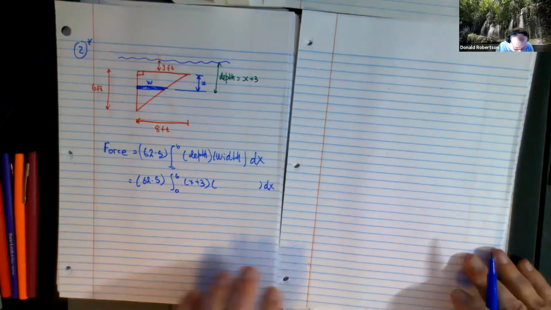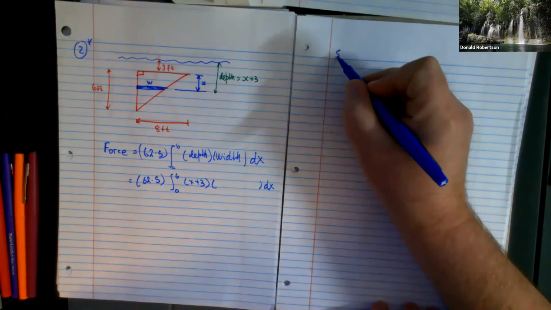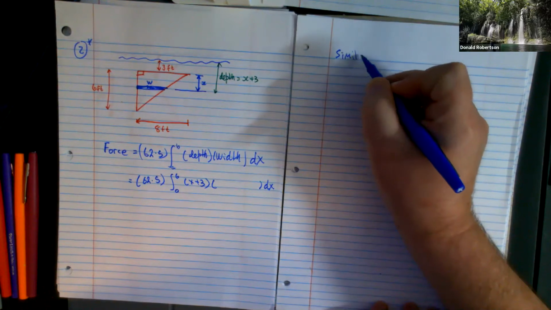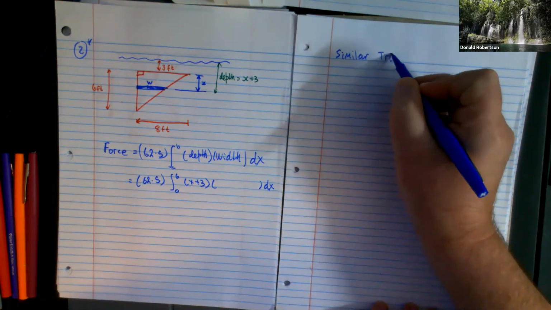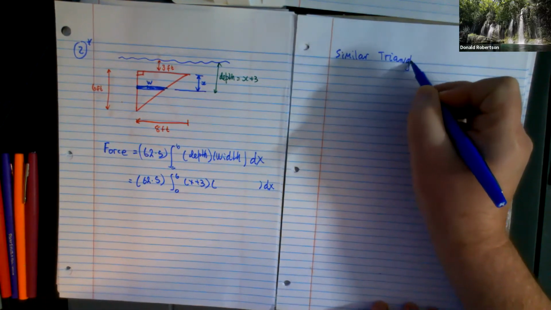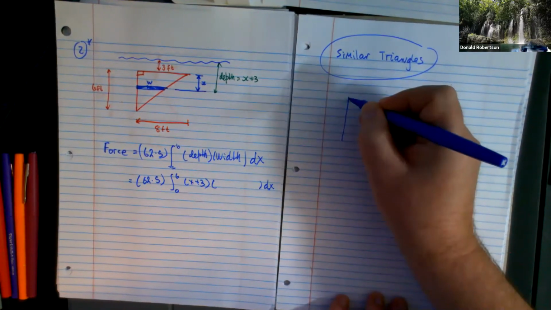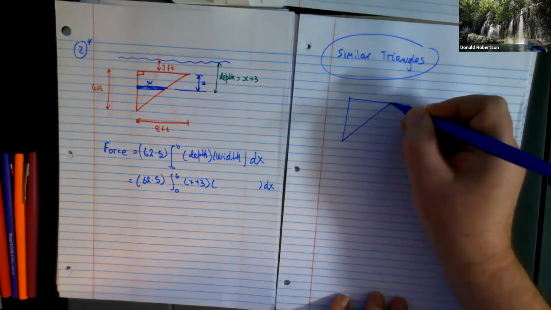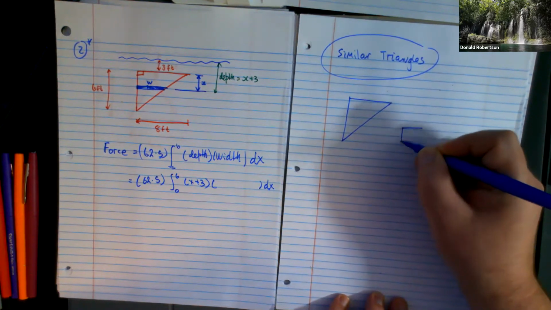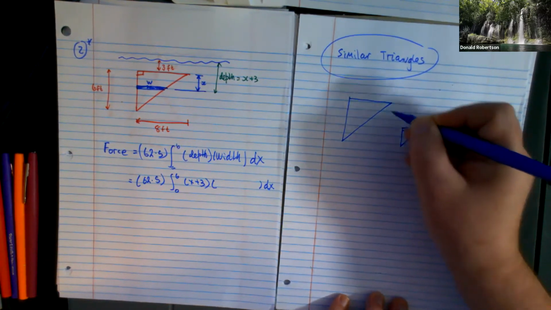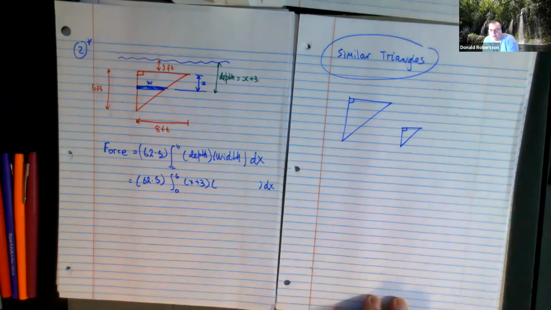It's called similar triangles. There's a property of shapes called similar triangles.